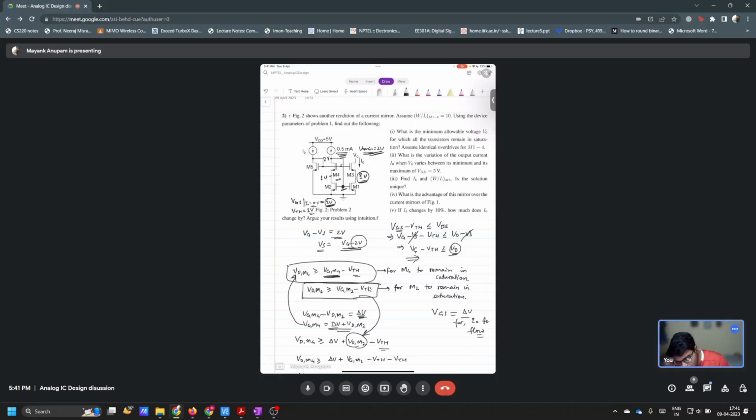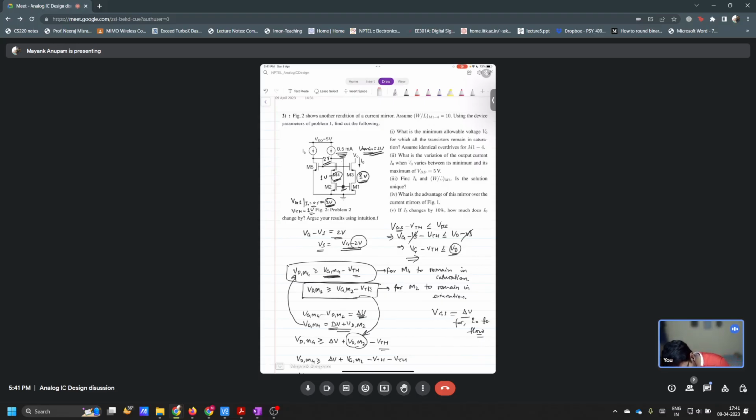Only when the gate goes above one threshold above this, right? So if you want to make sure that M4 is always in saturation, then if you reduce the gate voltage here, M4 will always remain in saturation, right?